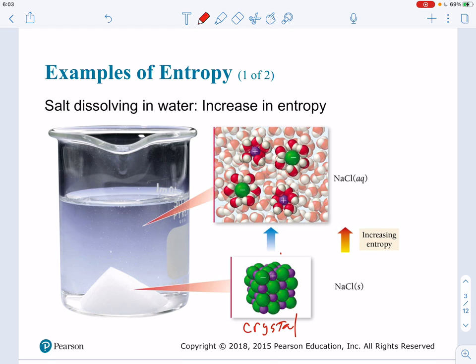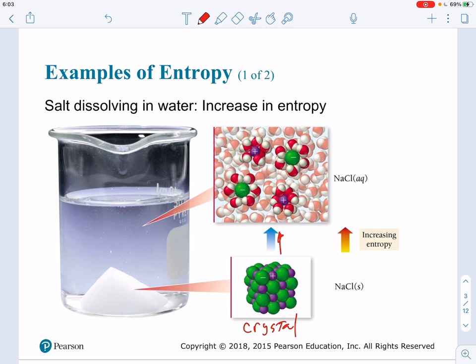When you're dissolving in water, then water starts getting in between those particles and starts separating them, and they are moving around. By particles I mean the ions in this crystal structure; they are not touching each other. Now they are surrounded by water. They are in a more chaotic state, if you will.